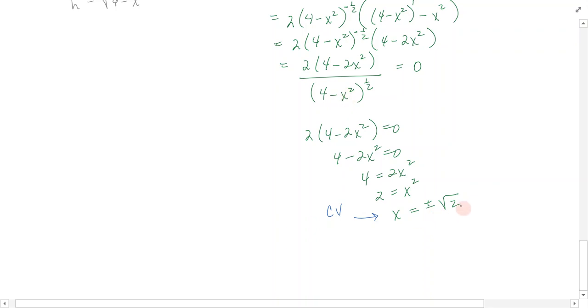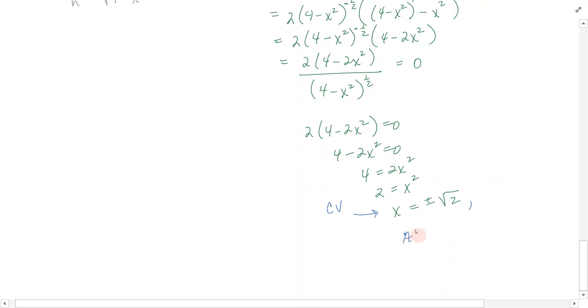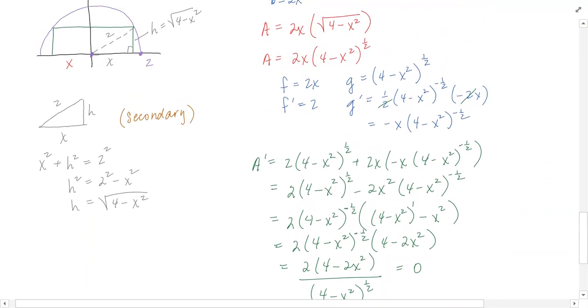So we would also have that A prime does not exist at x equal to 2. But we need to come back up here. So 2 and plus or minus the square root of 2 are the things that we're considering here.